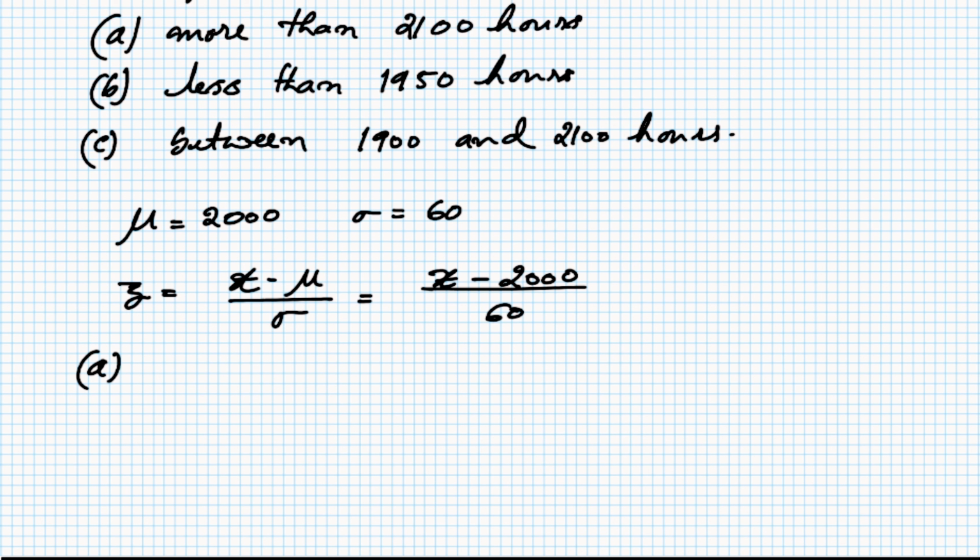The mean is 2000, so how many will go beyond 2100? First we calculate the probability that x is greater than or equal to 2100. Convert this into z: the probability that z is greater than or equal to 2100 minus 2000 divided by 60.